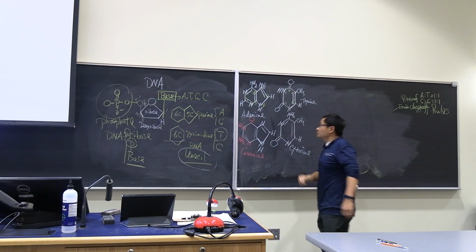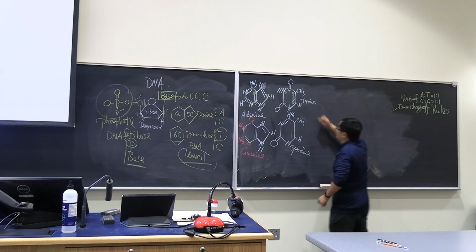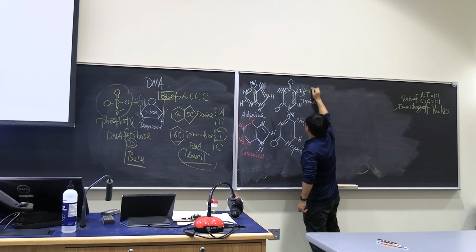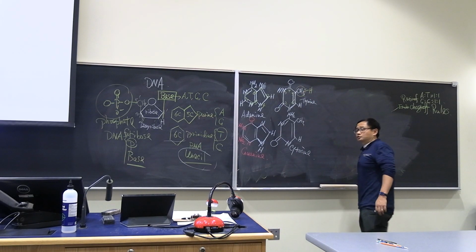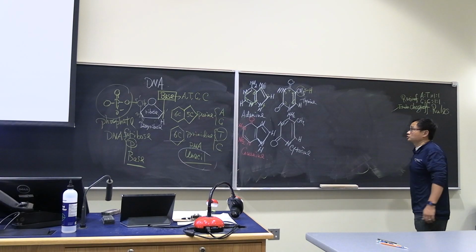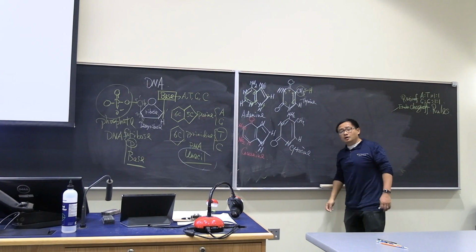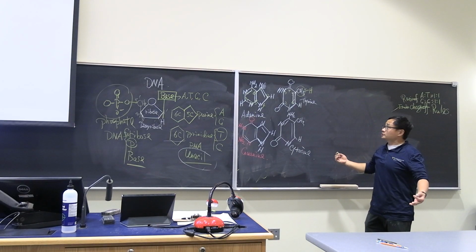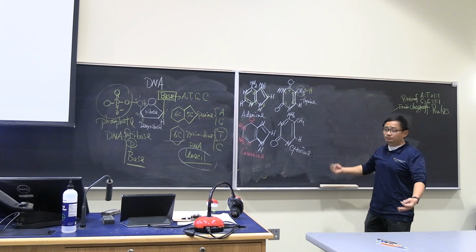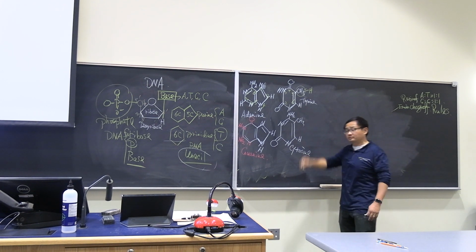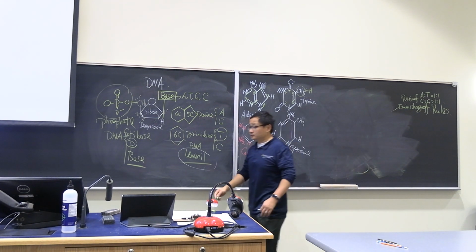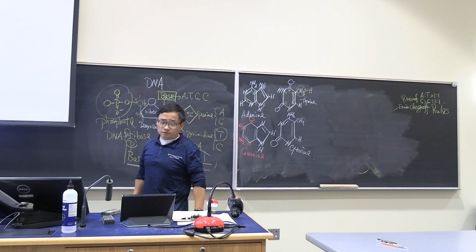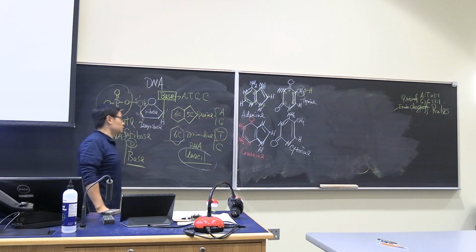Thymine and uracil are basically the same. The only difference is that CH3 is replaced with H, the proton replaced with a methyl group at an unimportant place, which is position number 5. That is not important.